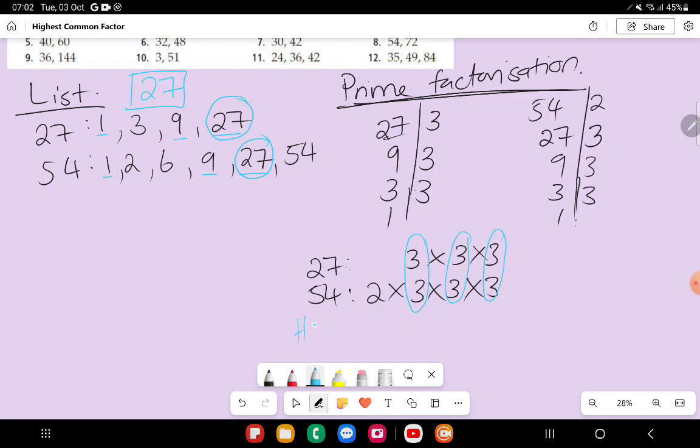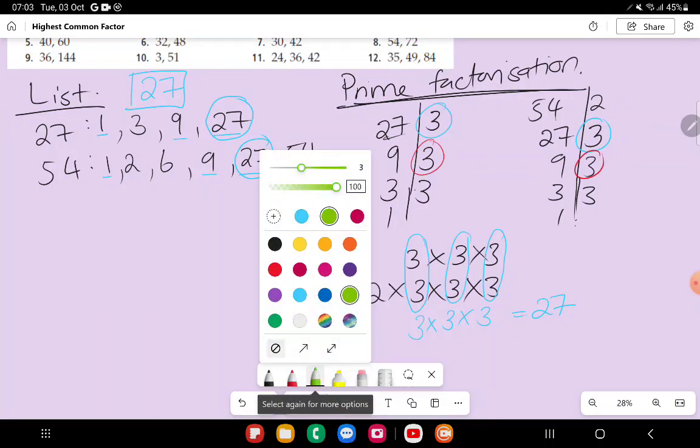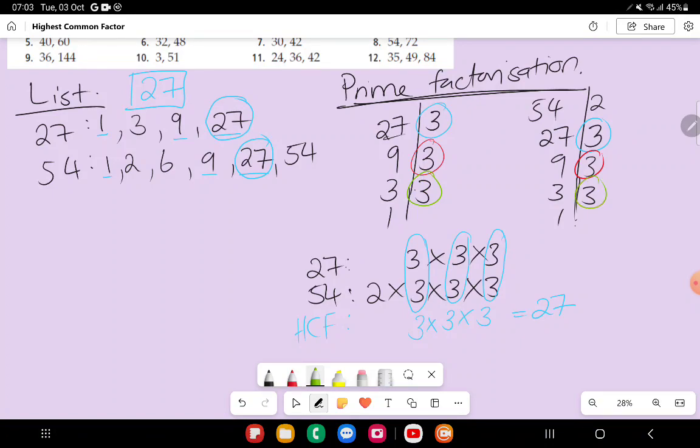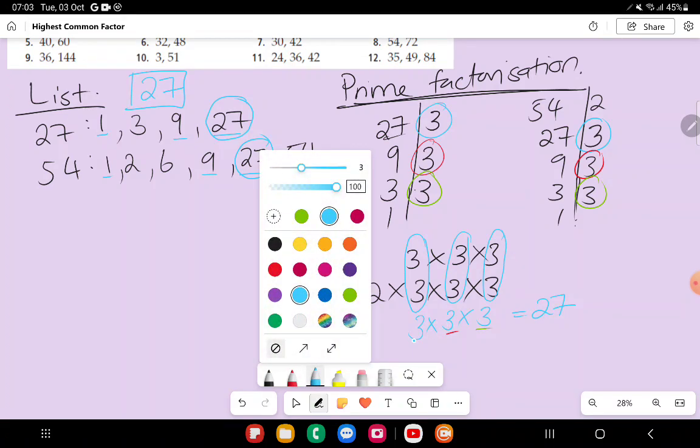So my highest common factor is 3 times 3, which is 9, times 3, which is 27. If I use this top diagram here, I can say this and this goes together, this and this goes together, and this and this goes together to get my 3, 9, and 27.